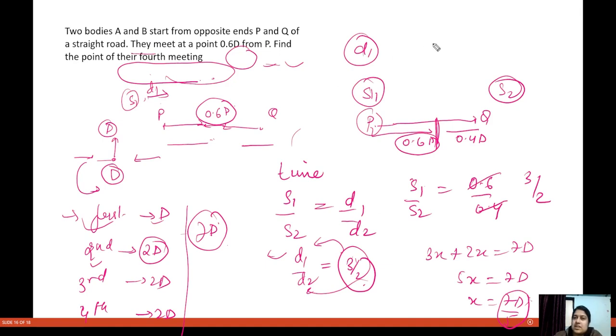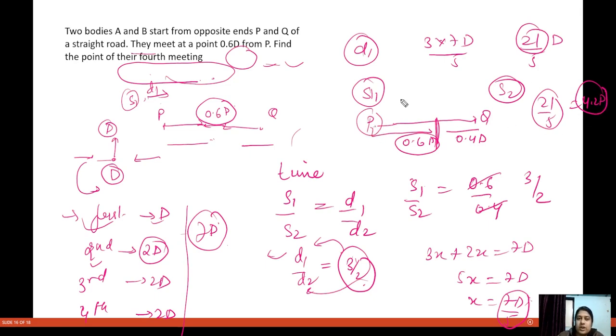He will cover 3 into 7d by 5, that is 21 by 5 d, which is 4.2d. So this person who started from here has covered distance 4.2d till the fourth meeting. So once he would have gone 1d, then come back, then 2d, then come back, then 3d.